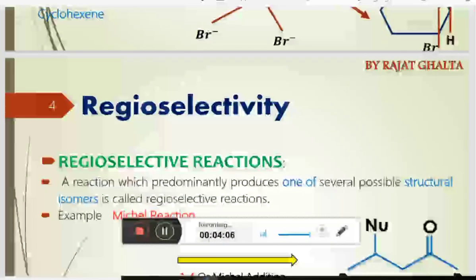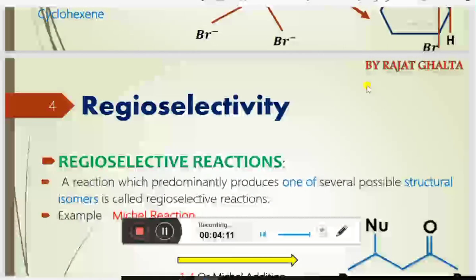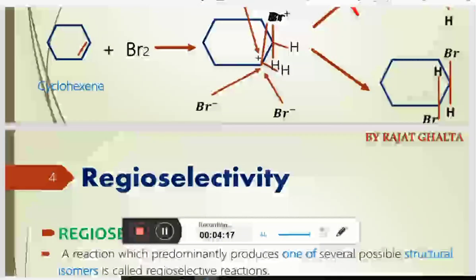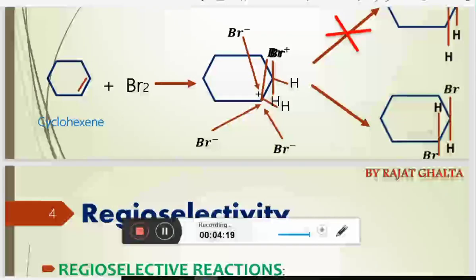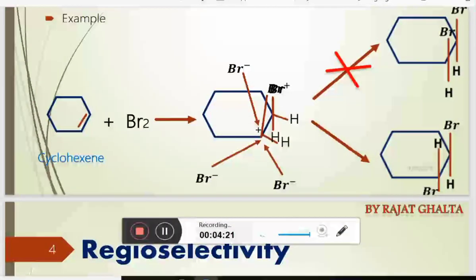Similarly, you see many more such examples where the stereochemistry decides preferential attack at one side and we say that the reaction is stereoselective. But if only one product is possible at a time, then we say the reaction is stereospecific.